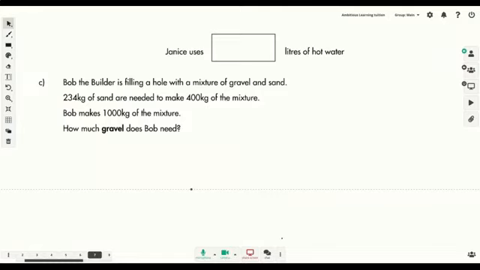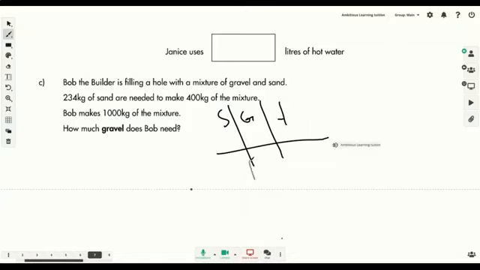So again, we are going to make something like this again. Sand, gravel, and the total. I will just write how much information is given to me.